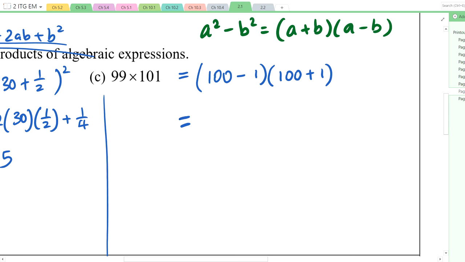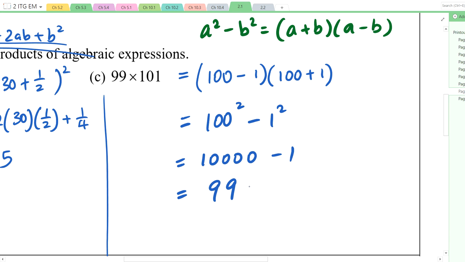This is equals to 100 square, then minus 1 square. Is that easy? What's 100 square? 10,000. Minus 1, how much is that? 9,999. You can use your calculator to check. Is that correct? Let me check. 99 times 101. Yeah, it's correct.